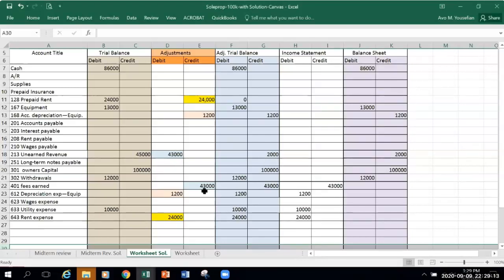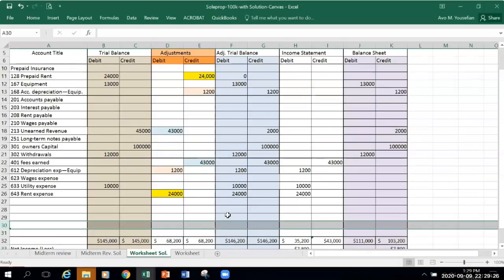And at the same time, you record revenue of $43,000. So by doing all this, you see that at the bottom both sides are equal, 68,200 on either side. So my adjustments are good, suggestions are good, debits and credits are good.